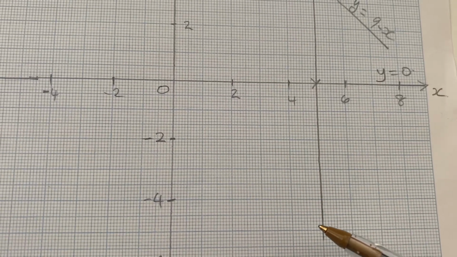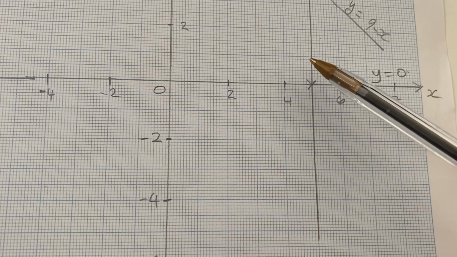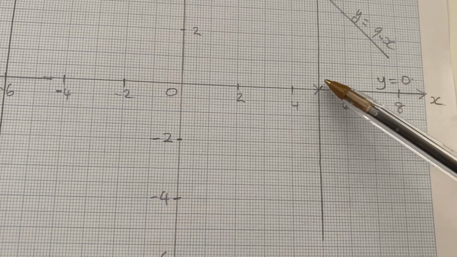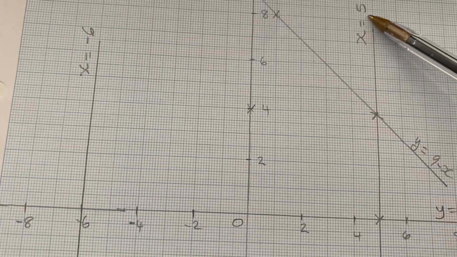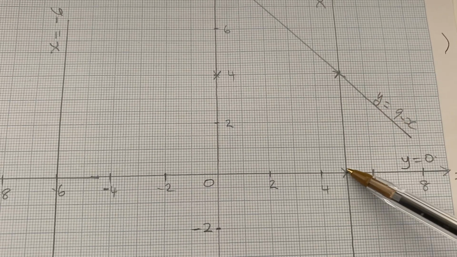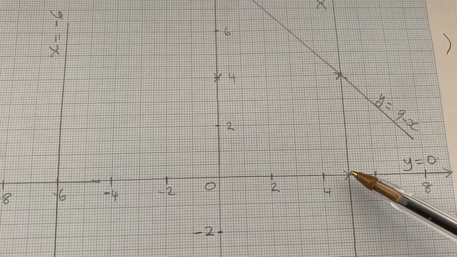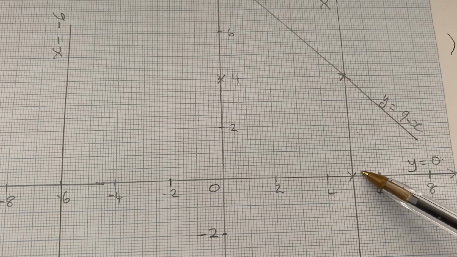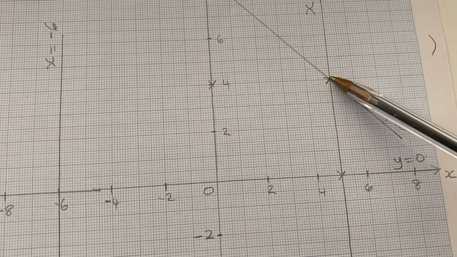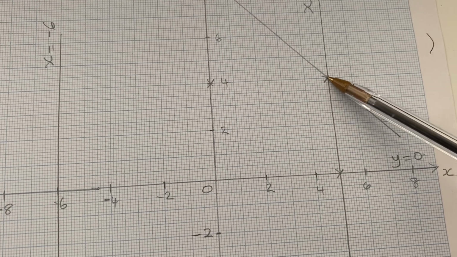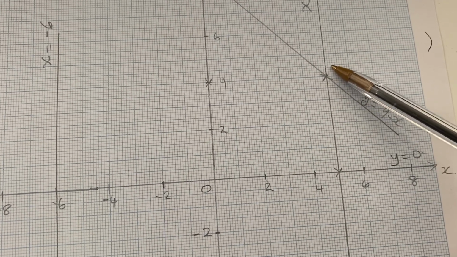Now look at the positive of x. This line goes through 5. So this line is x equals 5. At this point, you have (5, 0). At this point, you have (5, 4).